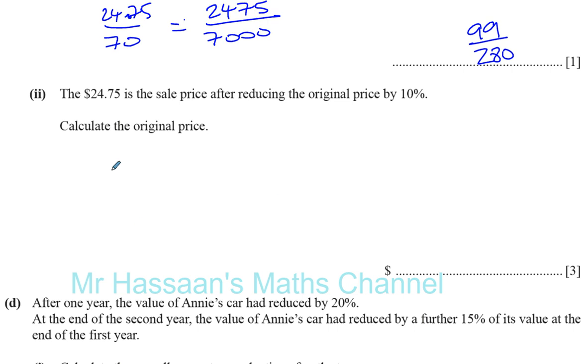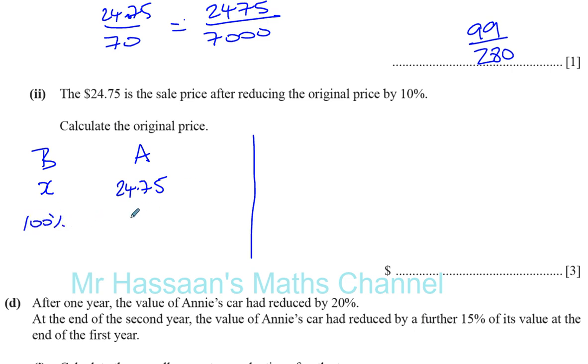So what you have to do, you can do it in 2 ways. I personally prefer this way. I say, okay, this is before and this is after. I'm trying to find an amount that was before the reduction. It was a reduction, and its new price is 24.75. Before, we say that's 100%.